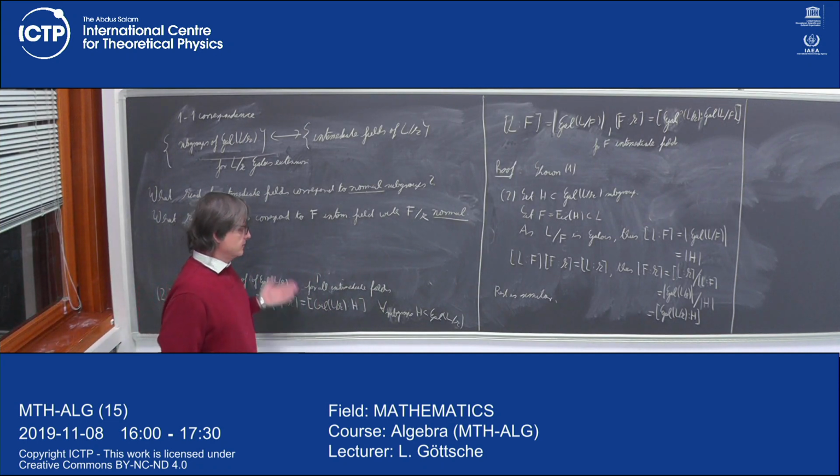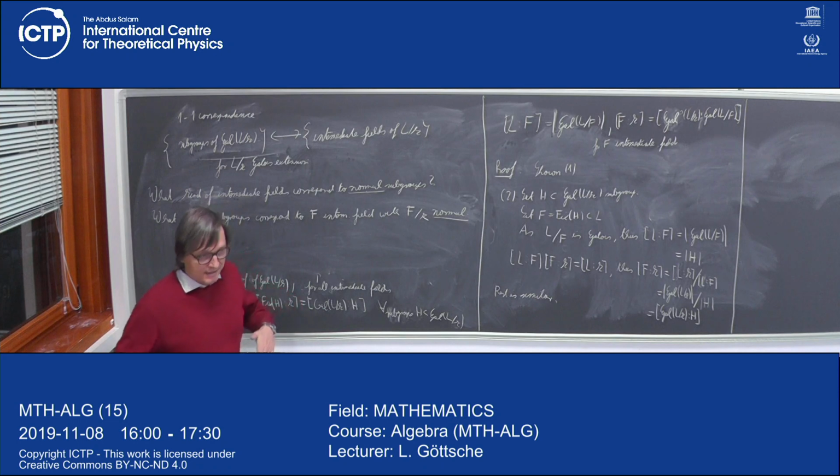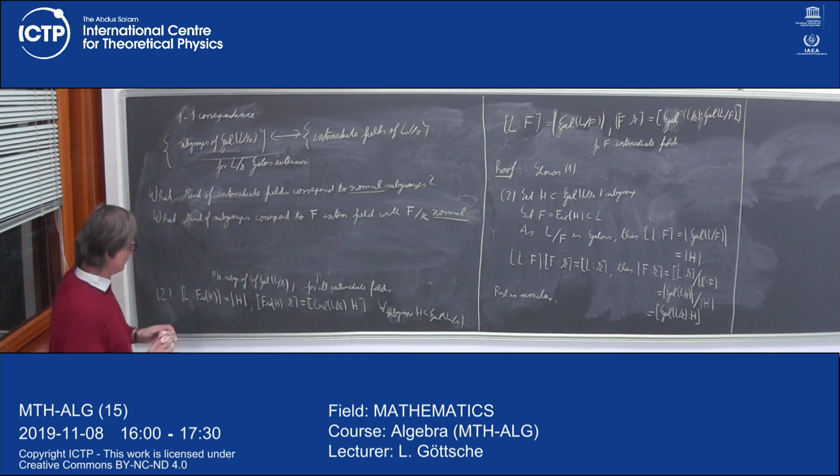So a subgroup was called a normal subgroup if and only if the corresponding field extension was normal. And so that's how history goes. Nowadays, one normally thinks that group theory in some sense is more basic than field theory, but this is the original way how it went.